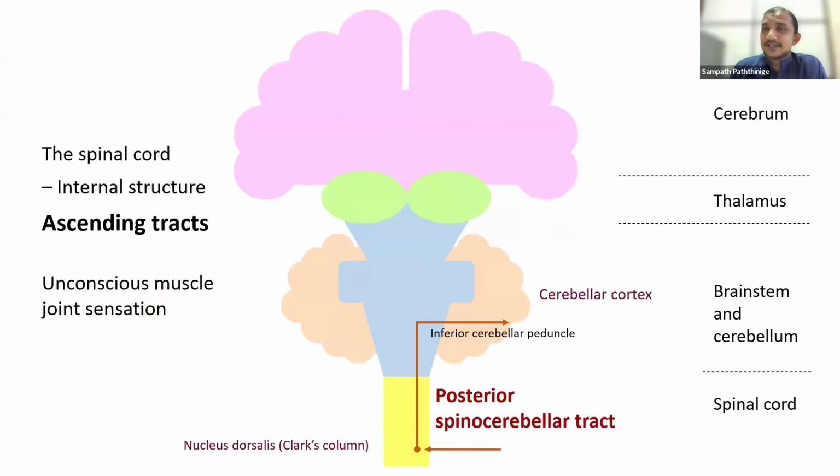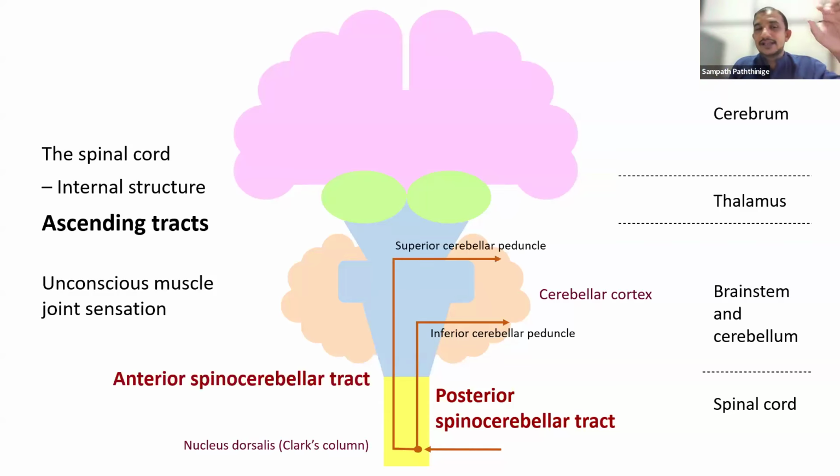The conscious sensations usually go to the opposite side cerebrum, which is why the posterior column and the spinothalamic tract always cross to the opposite side. But the cerebellum controls the same side of the body, so the posterior spinocerebellar tract enters the same side cerebellar cortex through the inferior cerebellar peduncle, which is the connection of the medulla to the cerebellum.